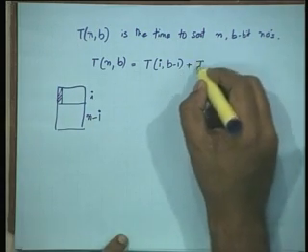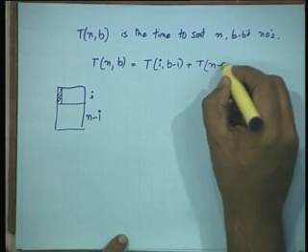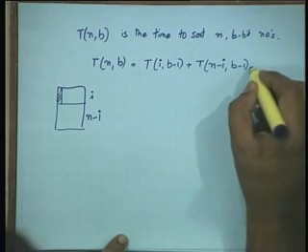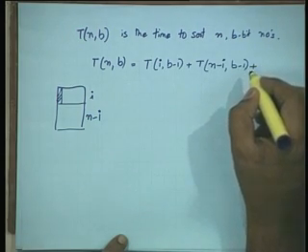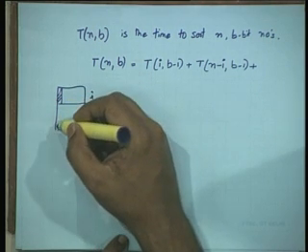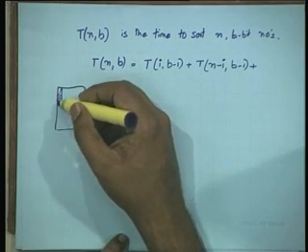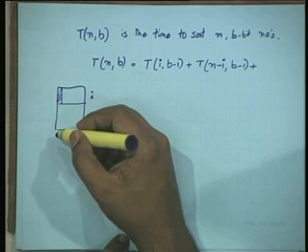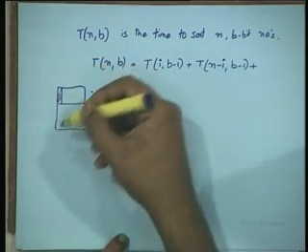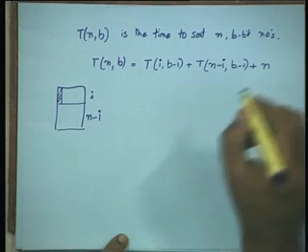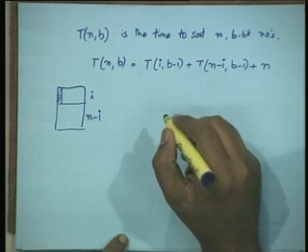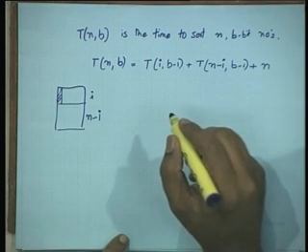The time required to sort the other n minus i numbers is T of n minus i comma b minus 1, plus something more, because I had to spend some time to partition these numbers. The numbers in which the leftmost bit was a 0 come before the numbers in which the leftmost bit was a 1, so they had to be rearranged, and that can be done in order n time. This is the kind of recurrence we would get. Now, what is the solution for this recurrence?